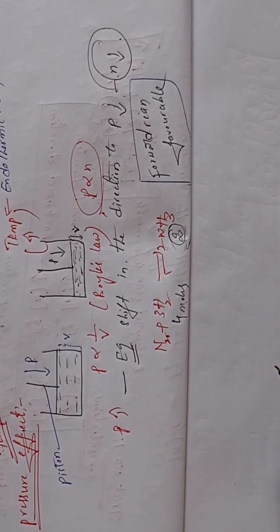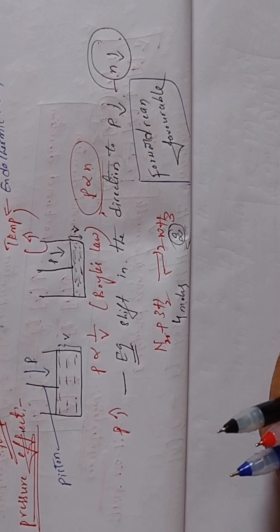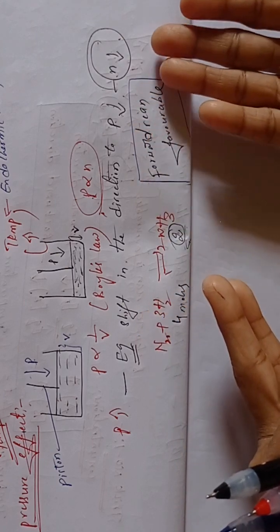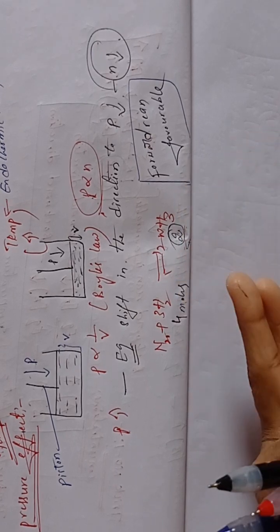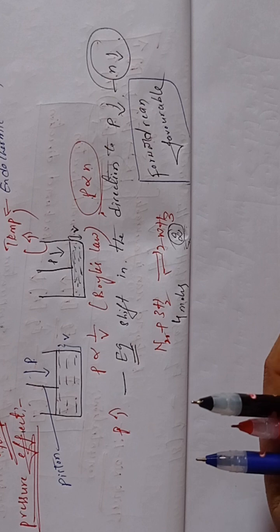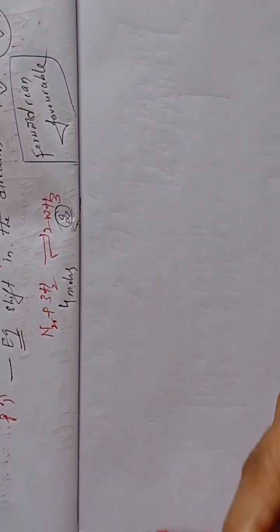Clear, students? So pressure increases, the equilibrium shifts in the direction to decrease the pressure, where the number of moles is less, to minimize that effect. Are you clear? So what you have to remember here in the case of pressure effect, students? Trick number 3. See here.